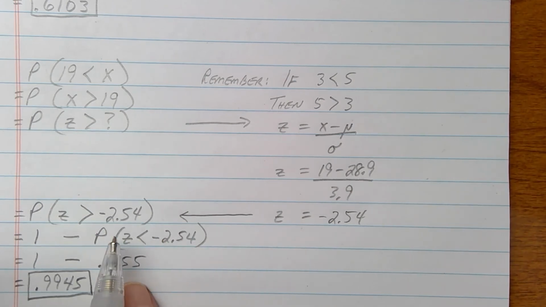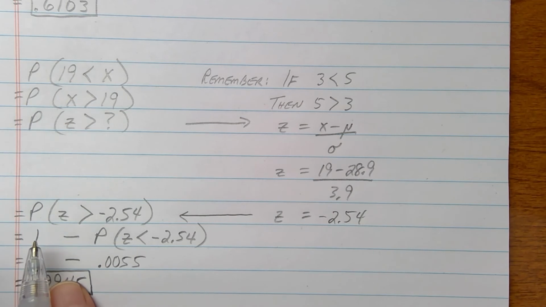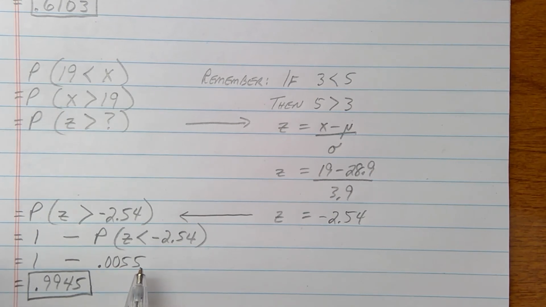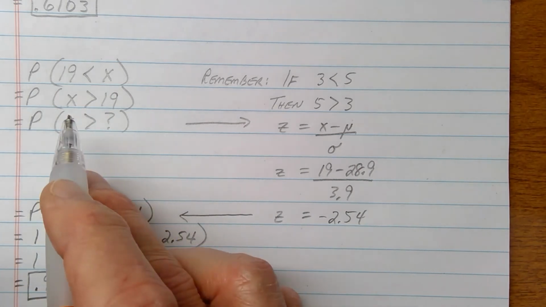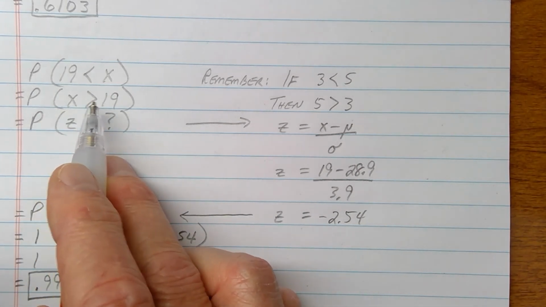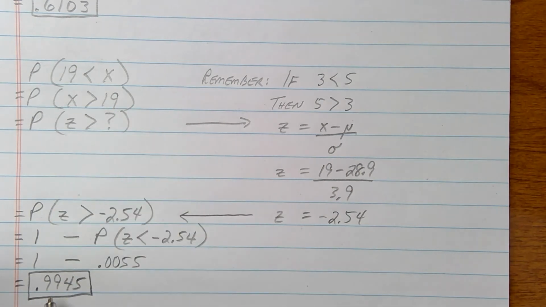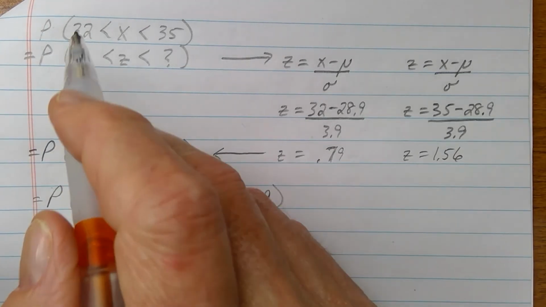That's the area to the left, and then subtract it from 1, and that'll give me the area to the right. So the area to the left, that little tiny white area, was only 0.0055, and we had to subtract it from 1 to get the great big area to the right. So the probability that somebody scored more than 19 points is like 99 and almost 0.5%. It's almost certain.